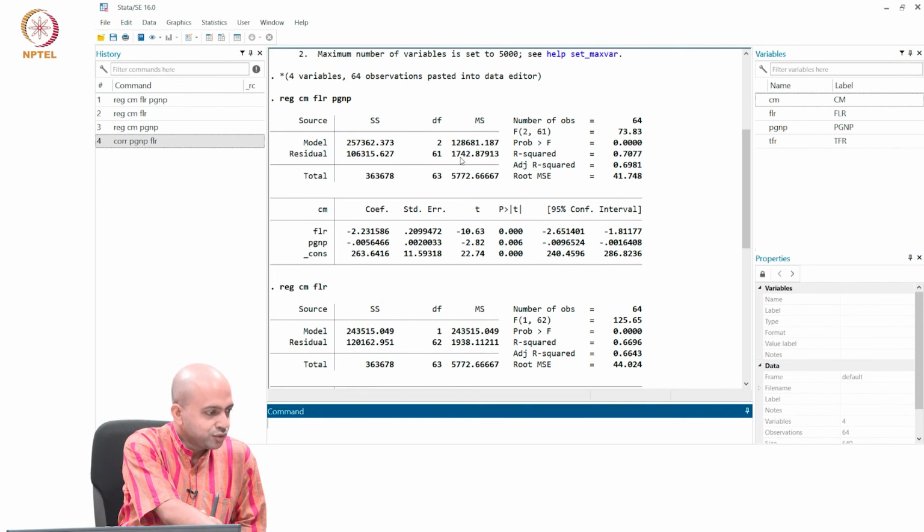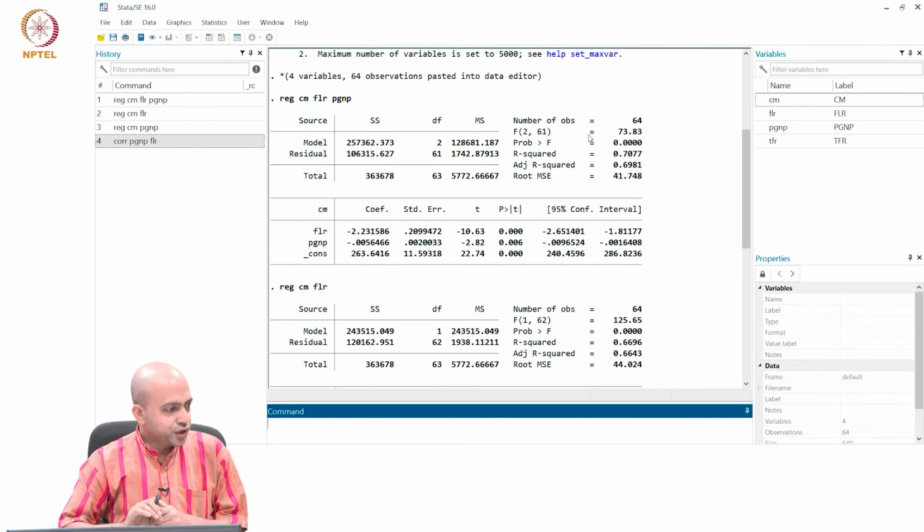This value would be 73.63, which is nothing but 1,28,681 divided by 1,742. If we take a ratio of this, that will give you our F statistic.